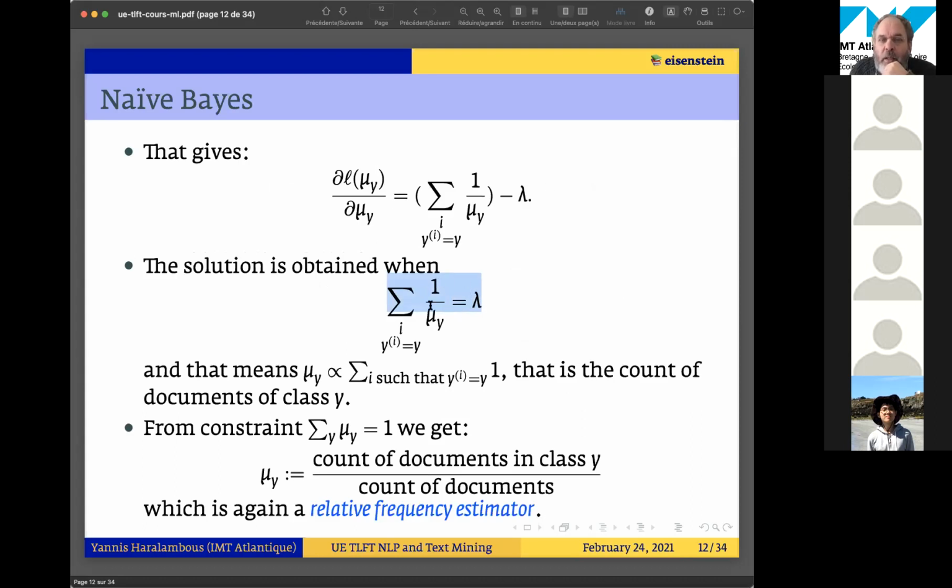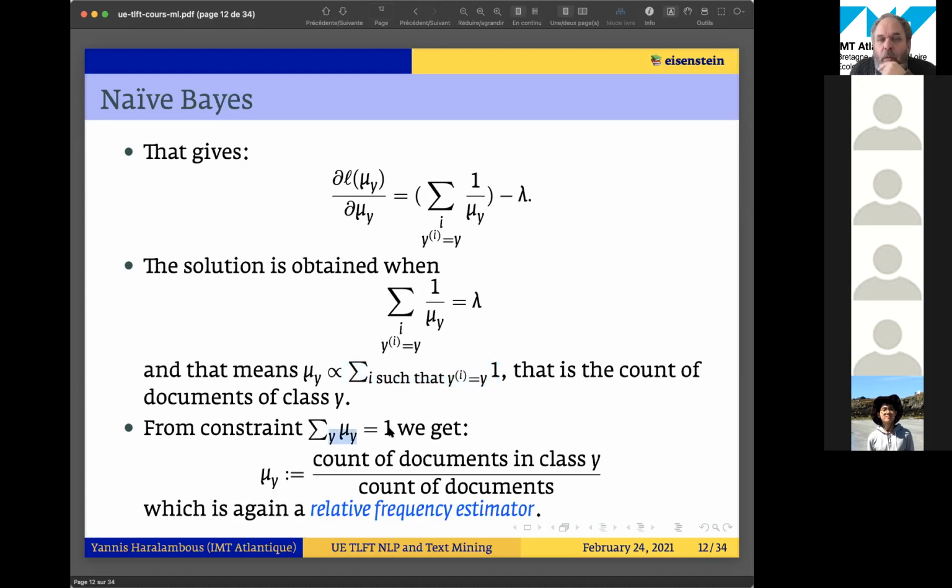So this sum equals lambda, which means that mu y is proportional to the numerator. How many units? Well, 1 unit for each i in the class y. So in fact, this counts the documents in class y.